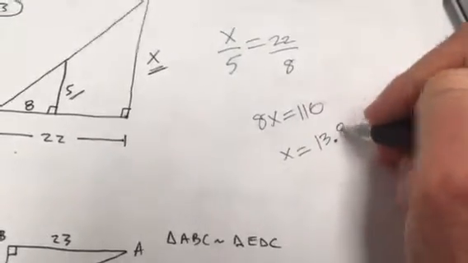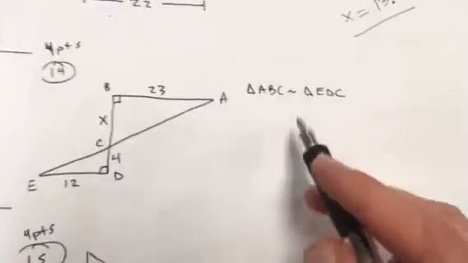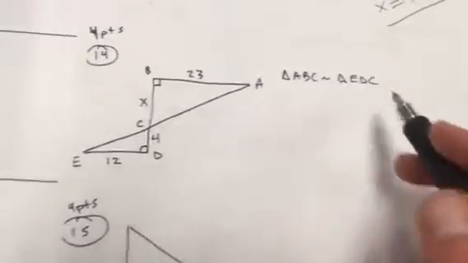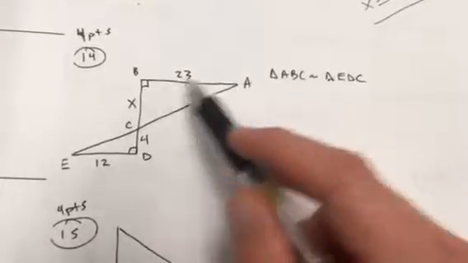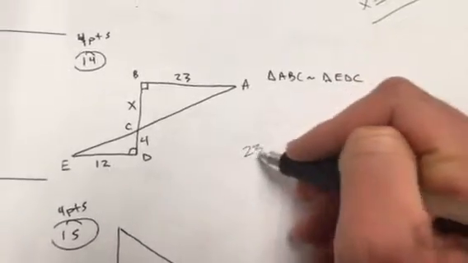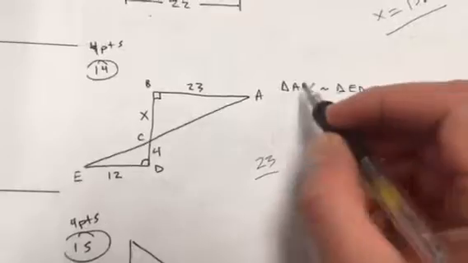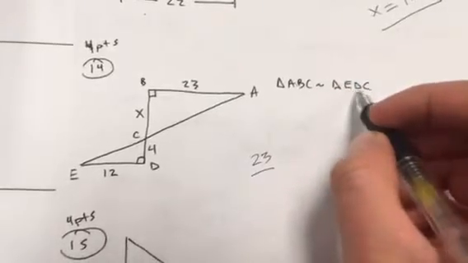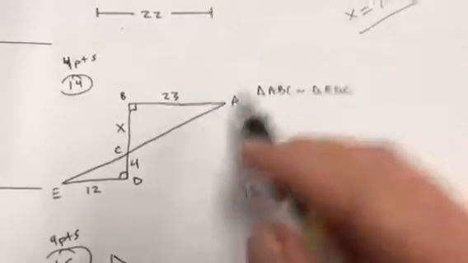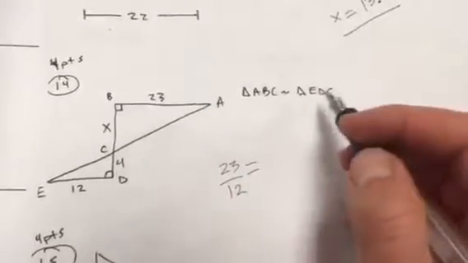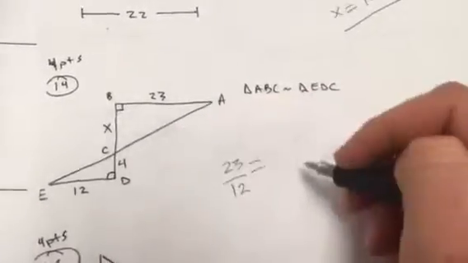Again, if you wrote 13.75, that's no big deal. And the last two here, ABC is similar to EDC. So what do we got? AB is 23. AB is the first two, so it would correspond with ED. ED is 12, so 23 over 12, I'm going top over bottom, is equal to, it's got to be x here, BC.